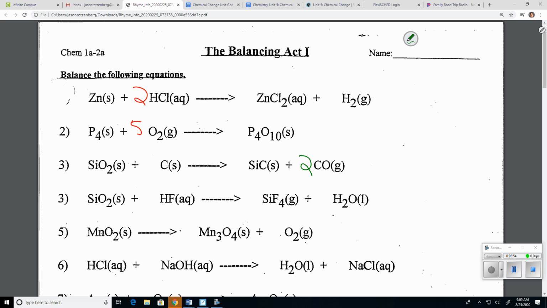So that means I have a total of 3 carbons on the product side. I need 3 on the reactant side. Again, a balanced chemical equation is going to have the same number of each element on the reactant and the product side. A chemical reaction is things now mixing around and forming new stuff.